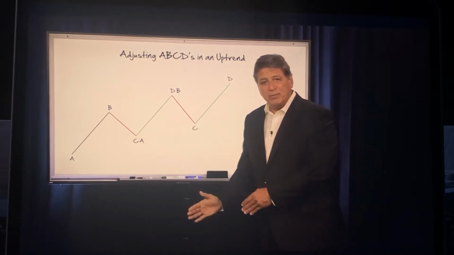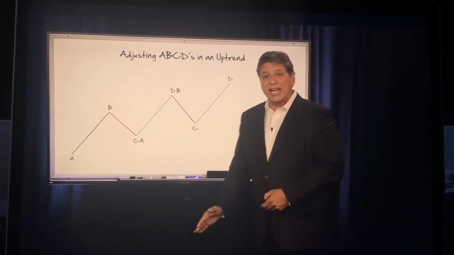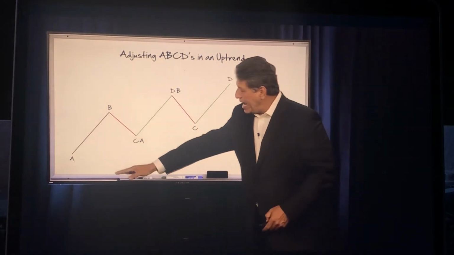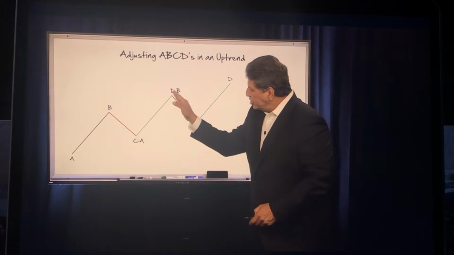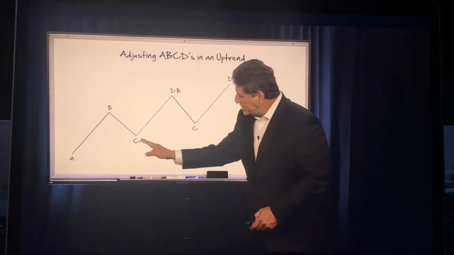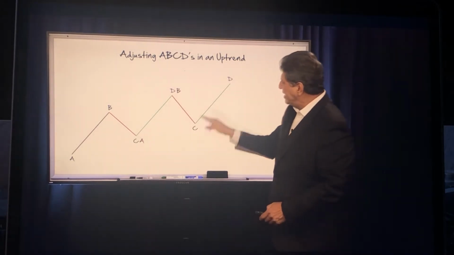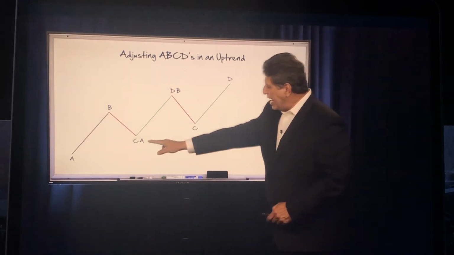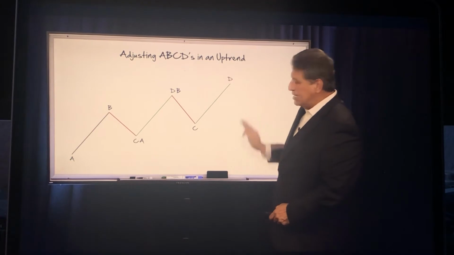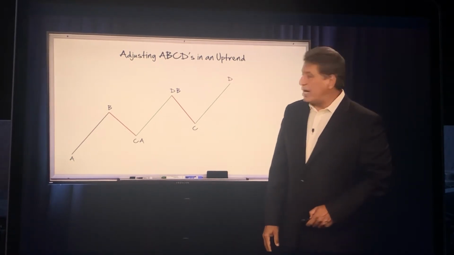But if you make pips before it hits the D, you win the game. And so once again, A, B, C, D. As soon as you hit the D, the A goes to C, B goes to D, just like this is the new A, B, C, D. What do we do next? A goes to C, B goes to D, and you've got a new price swing taking place.